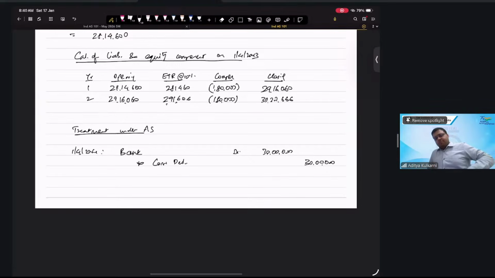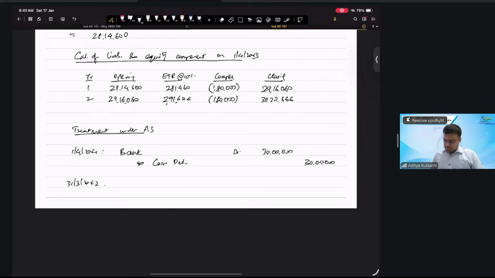So when 30 will be redeemed at 33, under AS, would I record interest in the fourth year or would I spread the interest over 4 years? Spread. That means how much interest will you account for each year? 3 lakhs divided by 4, 75,000. Correct?